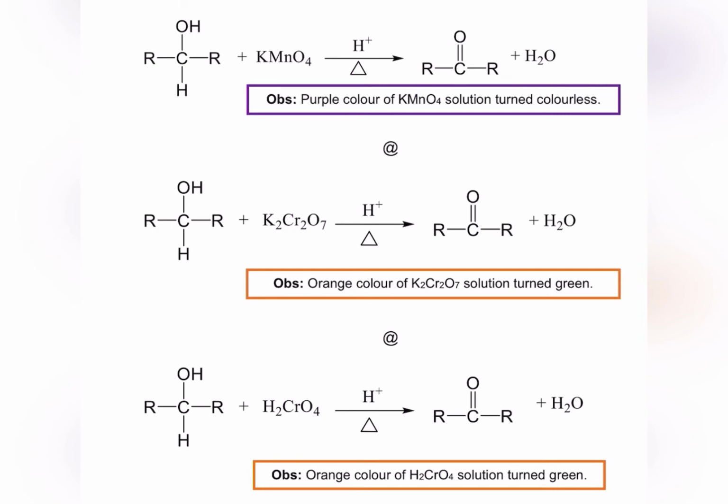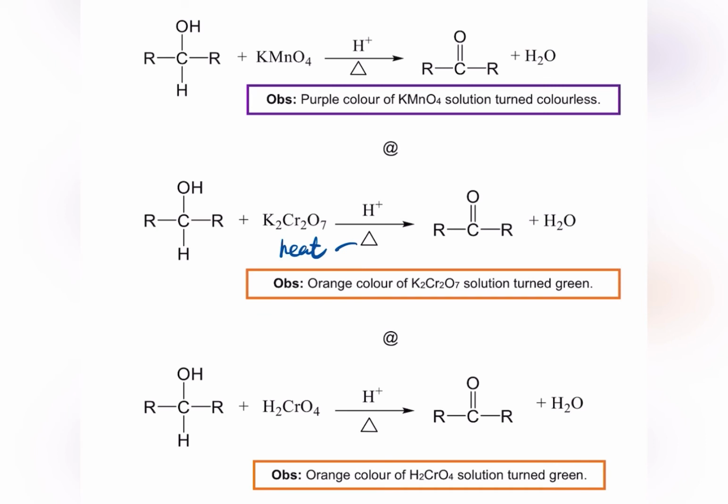And the last one I use H2CrO4. This is my chromic acid. So on top of the arrow you have to put H+, or you can write it down as H2SO4. That's fine as well. And at the bottom of the arrow you have to put heat. You can also write this as the heat in words.